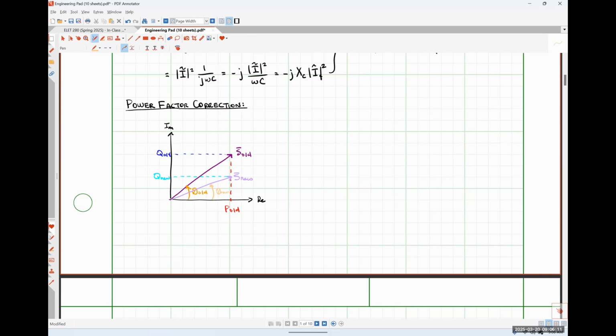Now this begs the question of how am I going to lower the amount of absorbed reactive power in my system? It would be convenient if there was something that we could add that effectively supplies reactive power in order to counteract some of the reactive power that's being absorbed. Well, what did we learn about maybe 15 minutes ago that supplies reactive power?